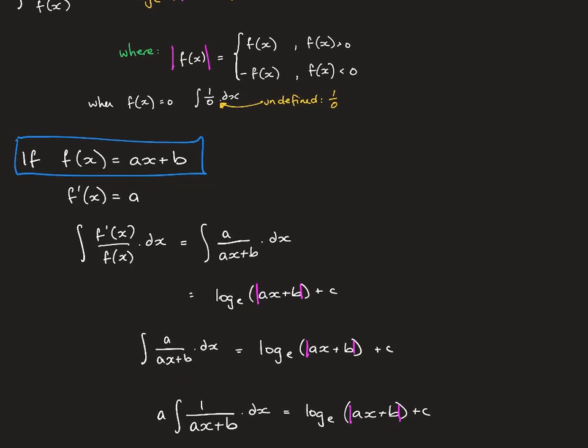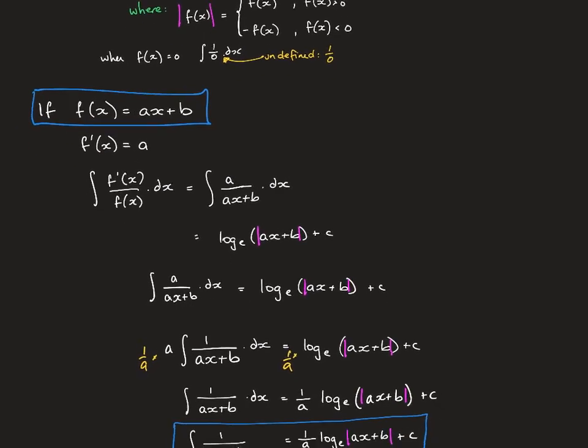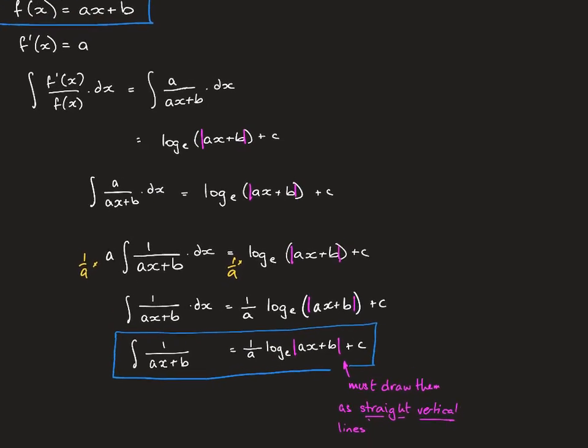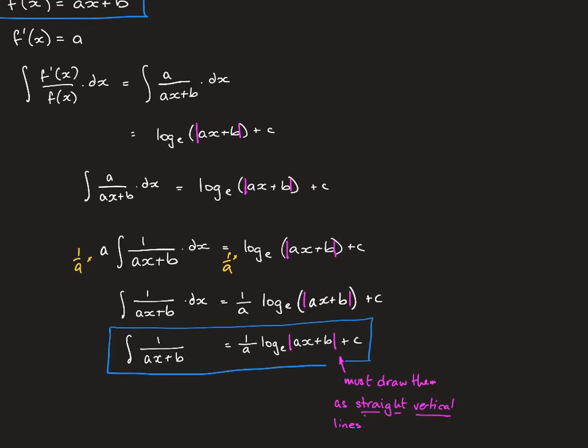And that gives us a times that integral is log to the base e of the function. All well and good. And now I'm going to get rid of the a from this side, and I'm going to do that by multiplying both sides by 1 on a, and that brings us down to the formula that I showed you at the start, this formula here.